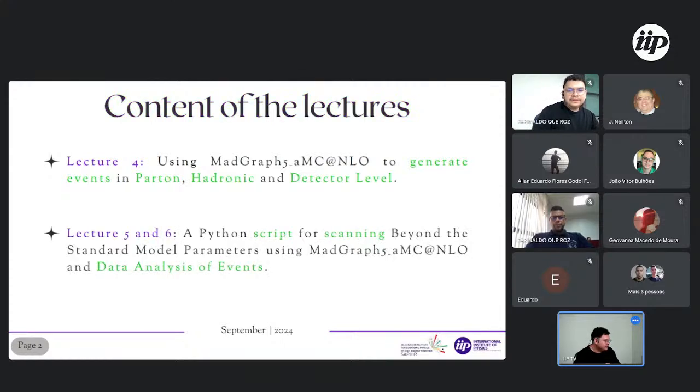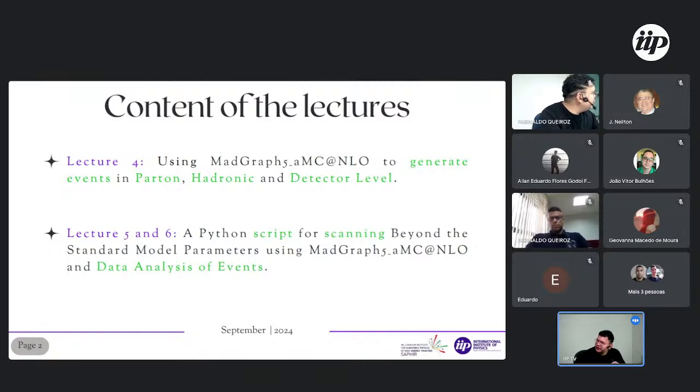And in the 5th and 6th lectures, I am going to present a script that I wrote with which we can use MadGraph to scan beyond the standard model parameters. We are going to generate a table in which appears the value of the cross section for different parameters that we can find inside of the beyond the standard models.